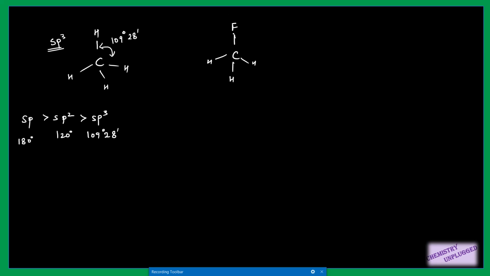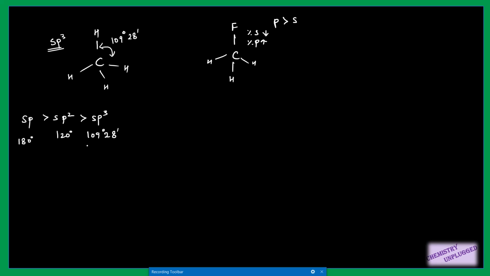In this case, fluorine has higher electronegativity than hydrogens. Higher electronegativity means it will attract the orbitals which have higher p character, as p orbitals are more electropositive than s. s orbitals are more electronegative in nature. So the p character of the sp3 hybridized orbitals will be shifted towards fluorine, meaning its percentage s character decreases. You can say percentage p character increases or percentage s character decreases.